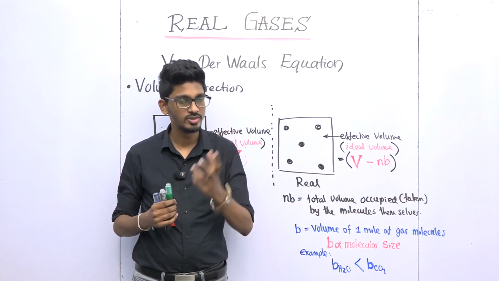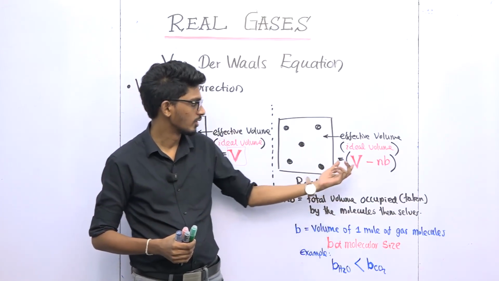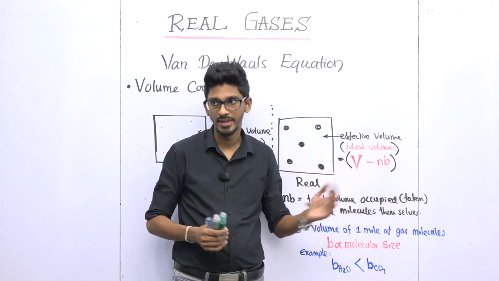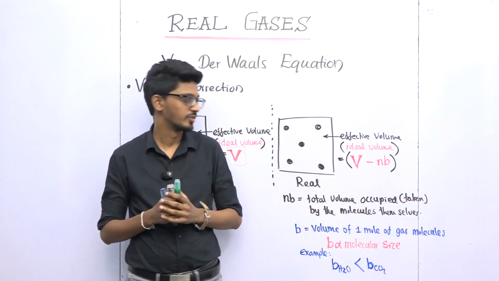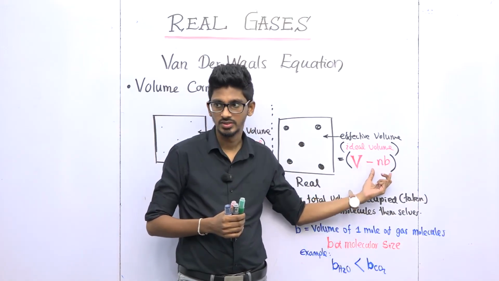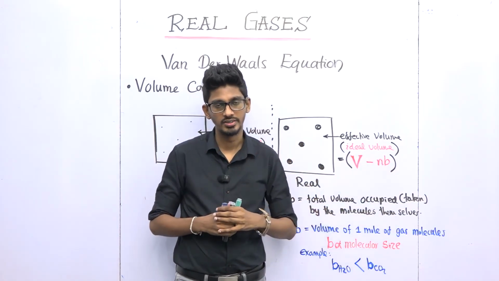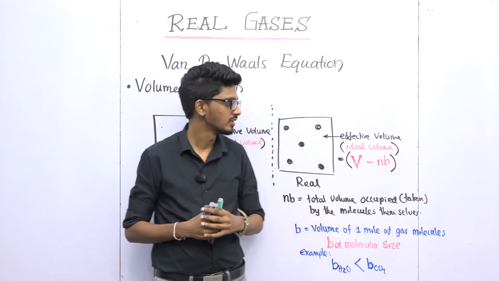So we have to apply this value. If you apply that pressure value, P plus an squared over V squared, with this value, then your nRT term will be equal to that PV term.